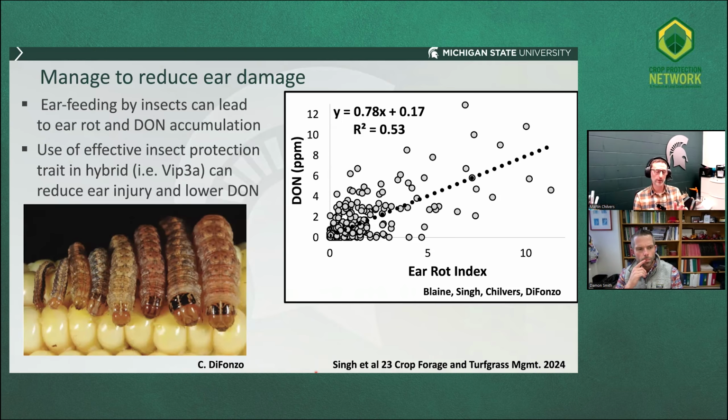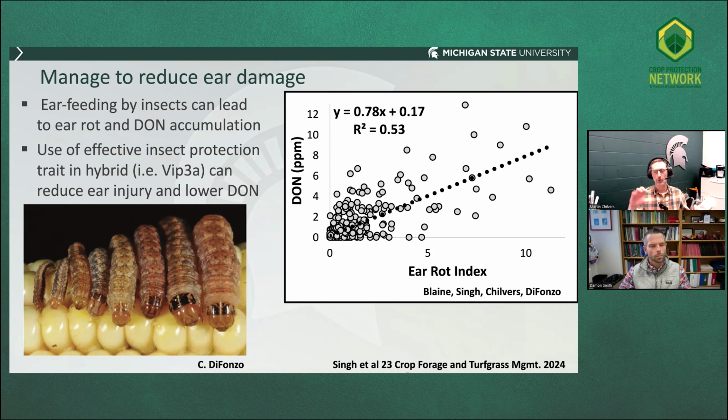And so that damage was what we were finding. That ear rot index that's shown here on the x-axis, you could probably almost think about it as being that ear feeding damage index as well. I don't think we could really pull those two apart in this particular example. But of course, as Damon just said, as we get damage on those ears, we get those fungal infections, and then of course that DON accumulation.